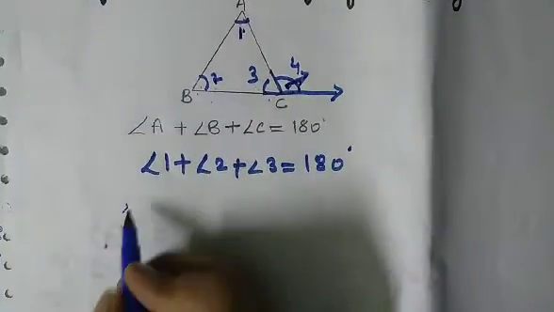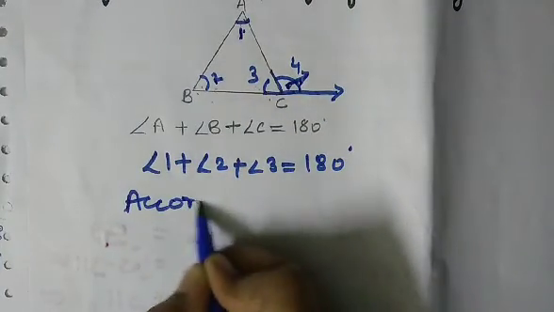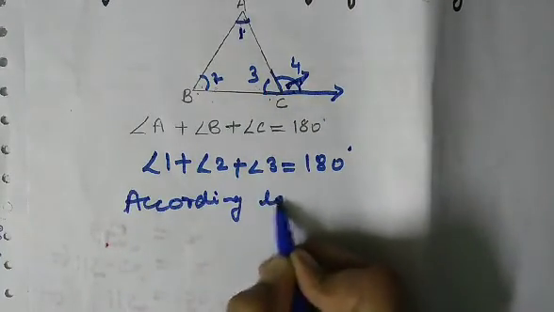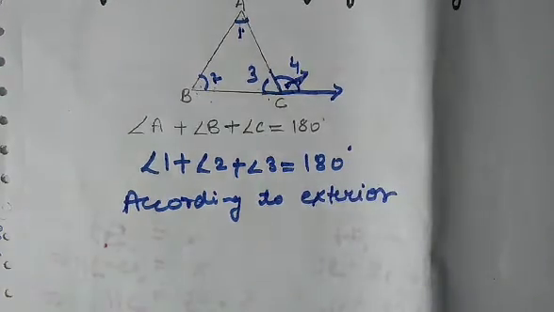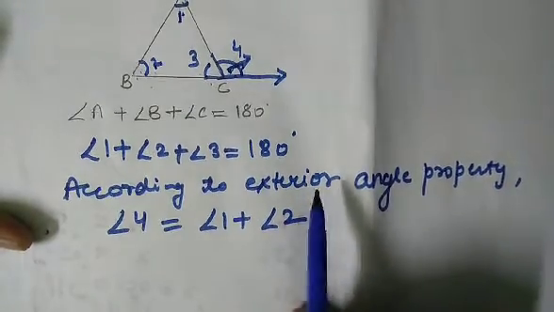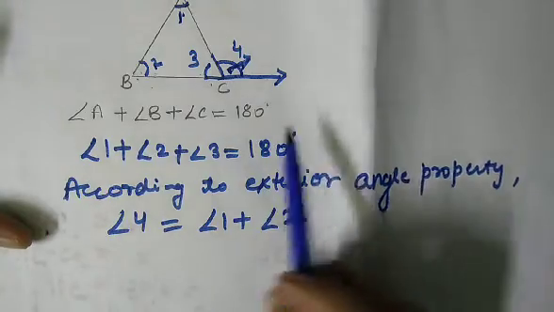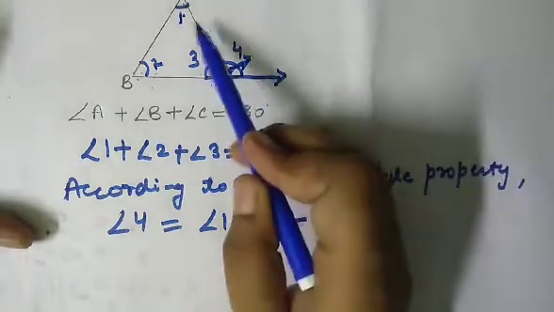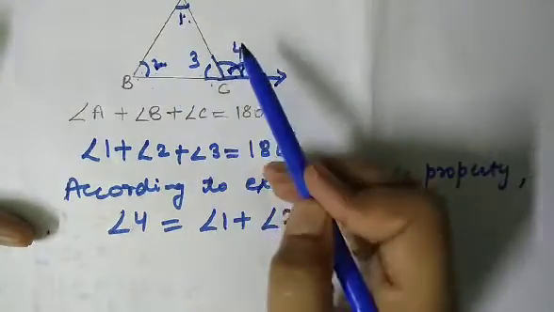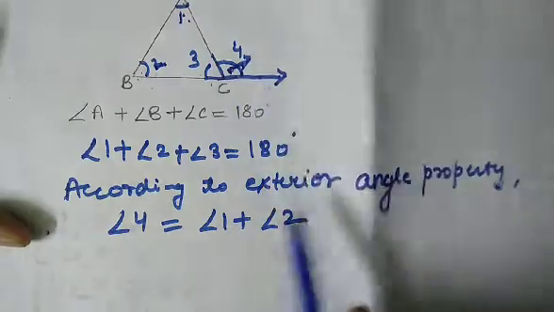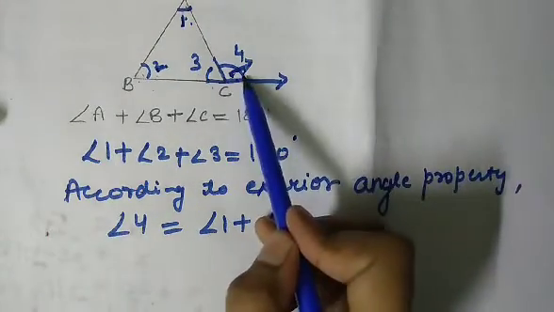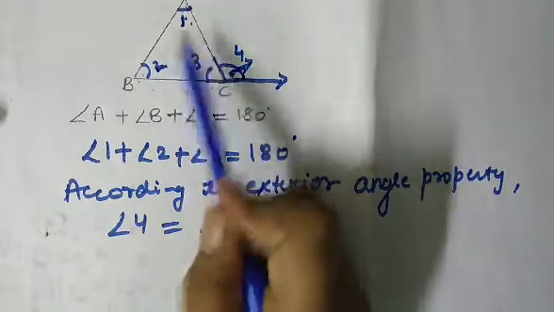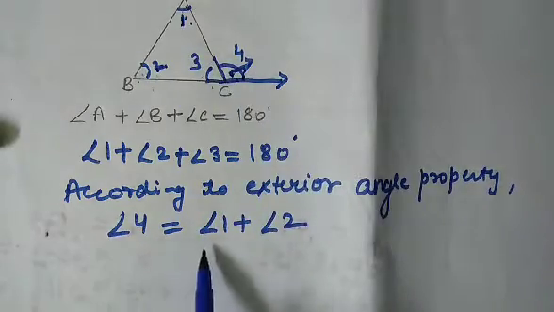So according to the exterior angle property, we can say that angle 4 is equal to angle 1 plus angle 2. We have learned in lecture number 1 that this exterior angle is equal to the sum of the opposite two interior angles. So the same I have written.